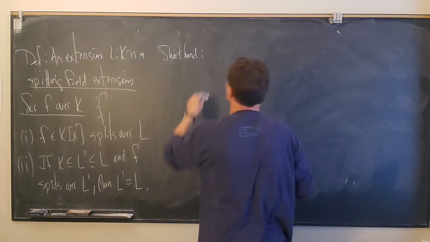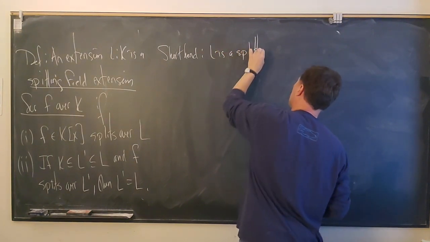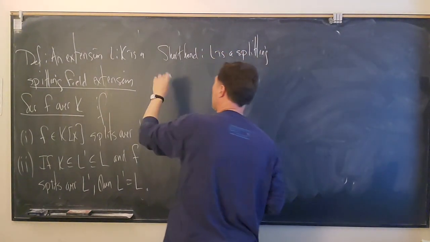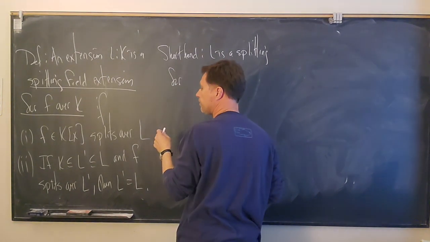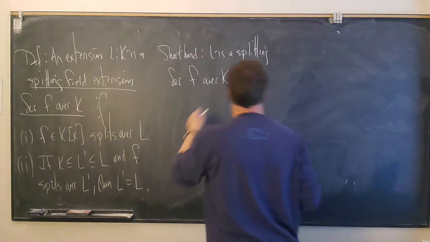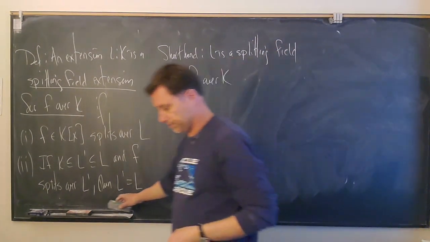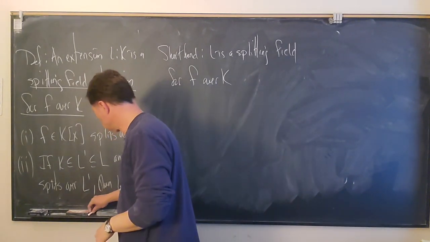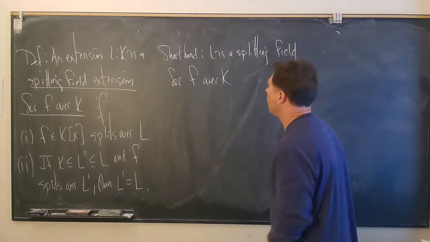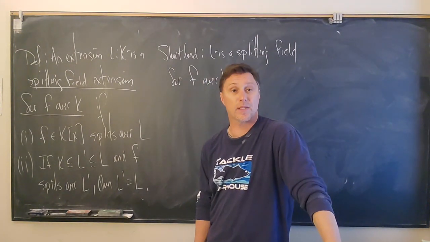I'll just say L is a splitting field for f over K. Okay, so that's a good place to stop. We'll pick up and start getting results about splitting fields the next time.